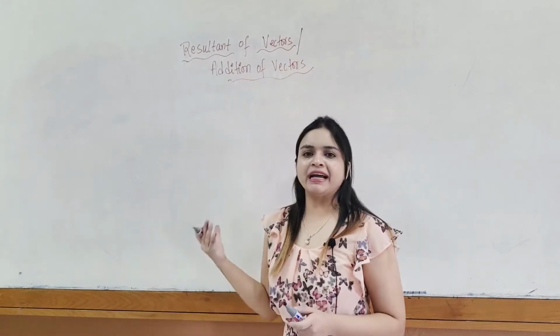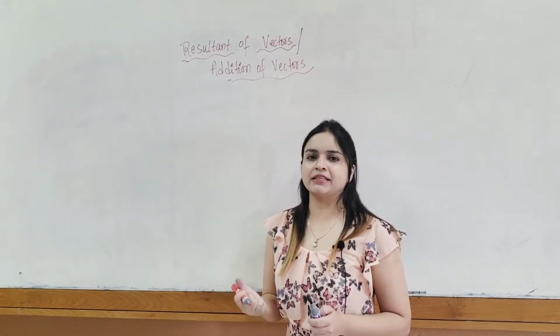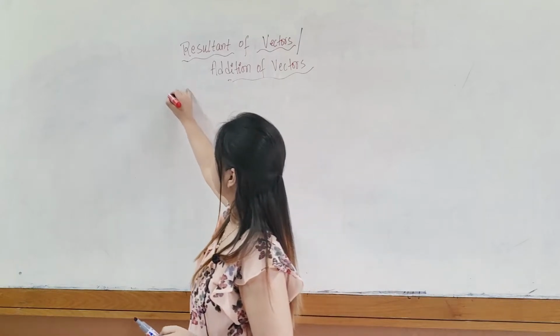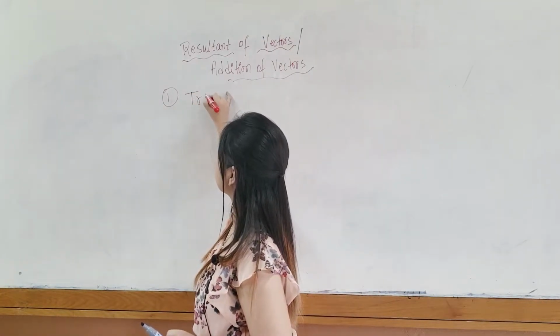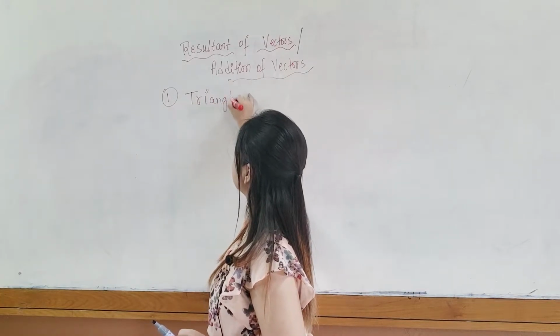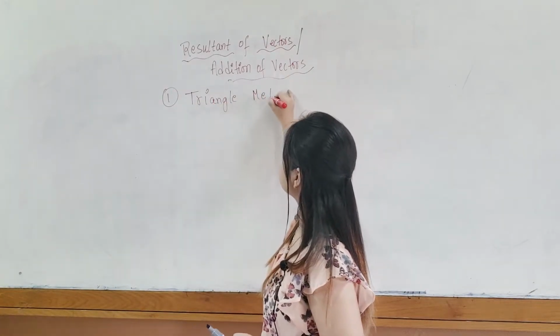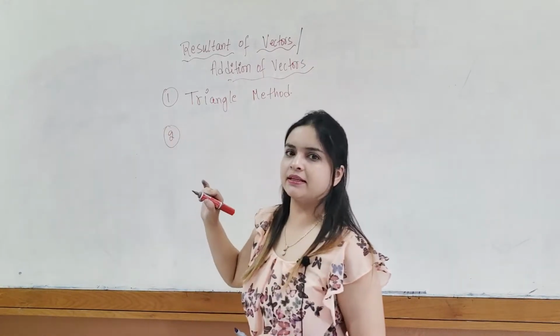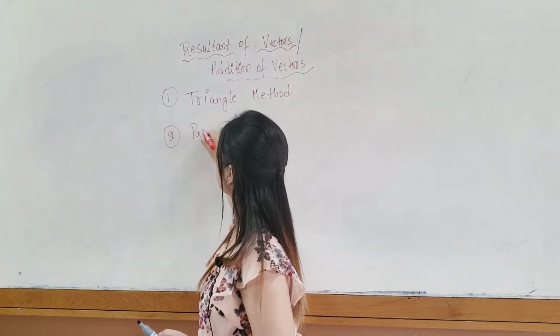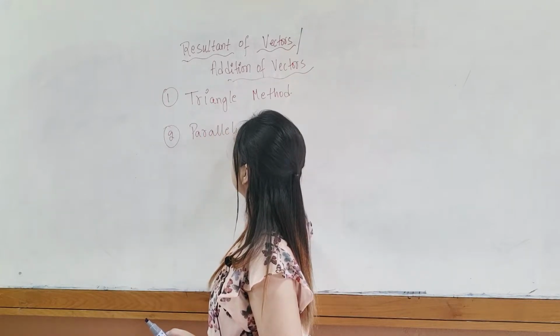Now, to find the resultant of any 2 vectors, we have 2 methods. The first method is called triangle method, and the second method is called parallelogram method.